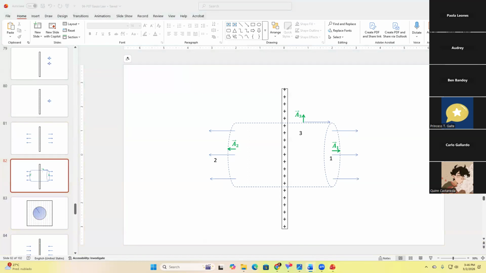How do we do that? Let's not forget the electric flux.